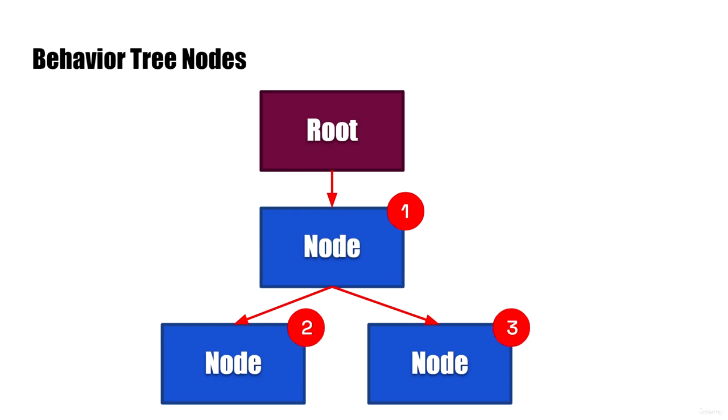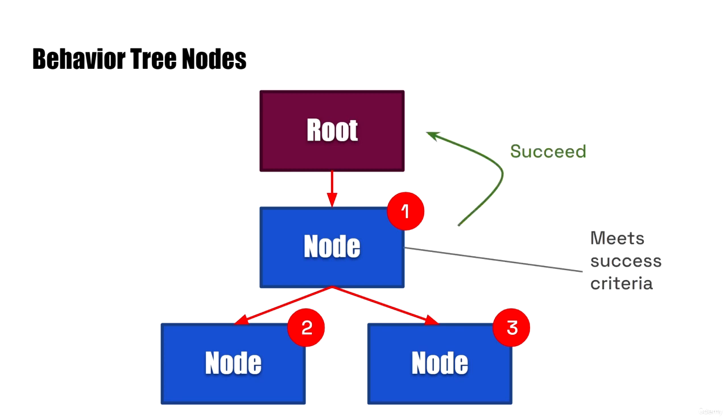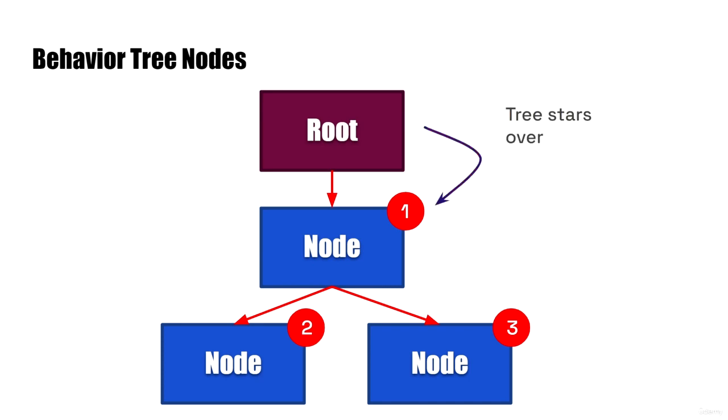A node may attempt to execute all of its children or not, depending on the type of node. Now, if the node meets success criteria, then it will return that success information back to its parent. If it fails that criteria, it will return failure. When the root receives this information, it starts the tree all over again.